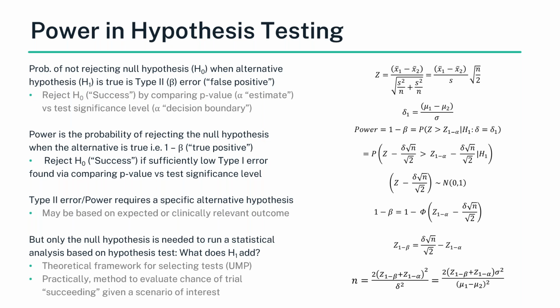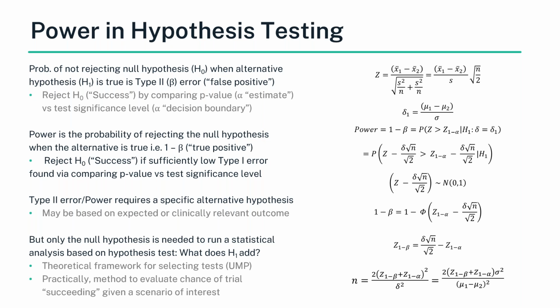Given that the alternative hypothesis is true, how likely is it that our procedure will still fail to reject the null hypothesis? So we'll get a p-value that's above our critical significance level threshold. That is our type 2 error, our beta error. And so power is just equal to 1 minus that probability, that beta error.